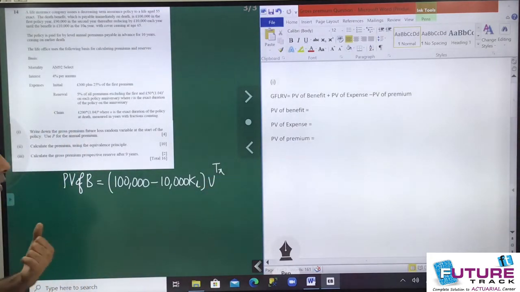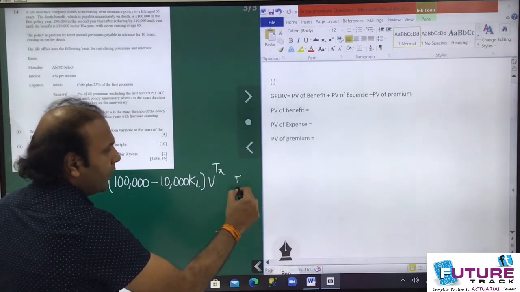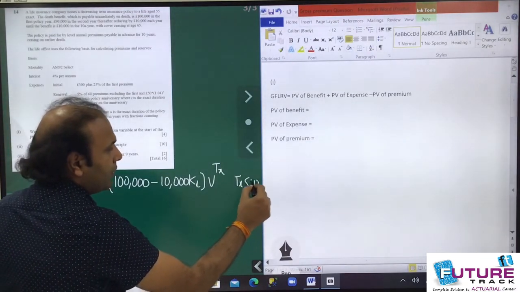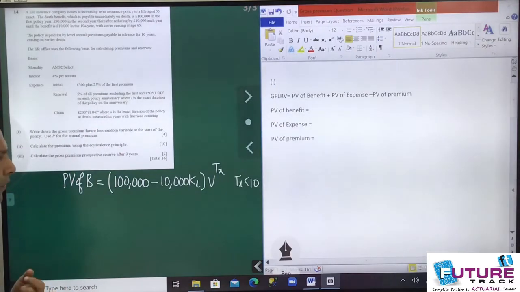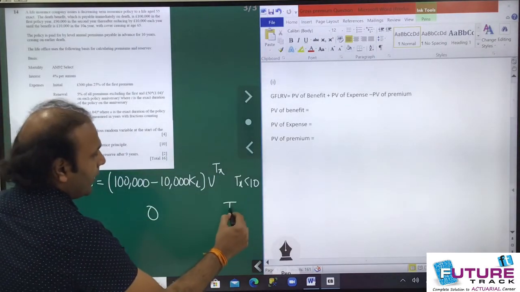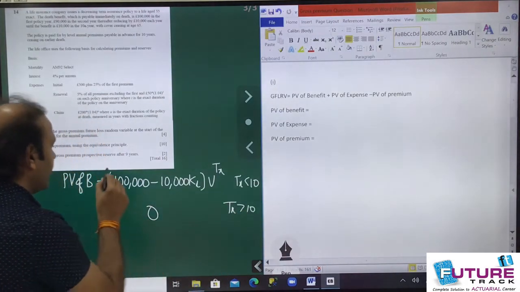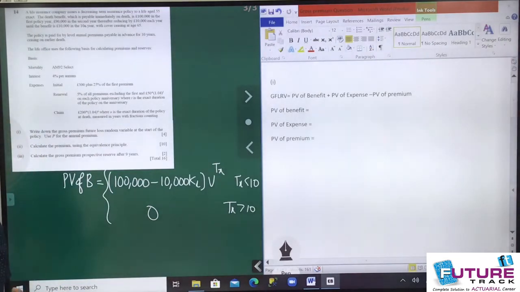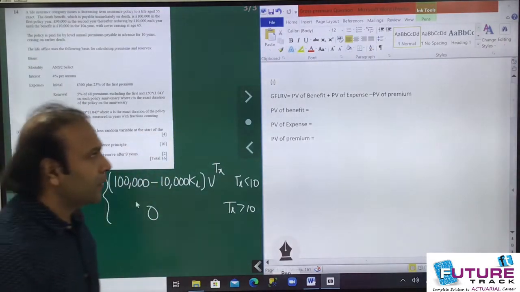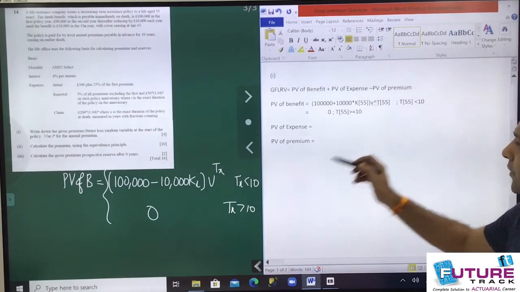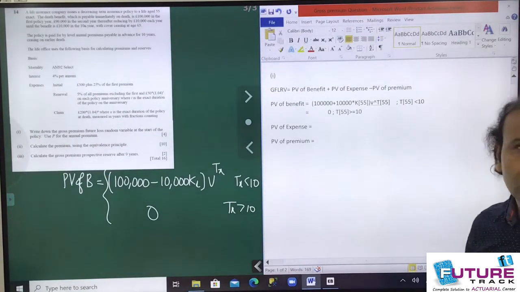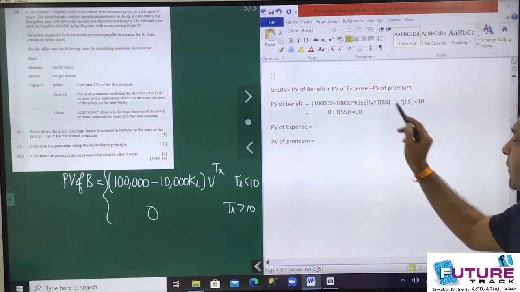Fine. And this will be given if and only if life die within 10 years. It is 0 if T_x is greater than 10. Fine. Let's see how we write in the computer. So see, in this way we can write the same expression in Word.